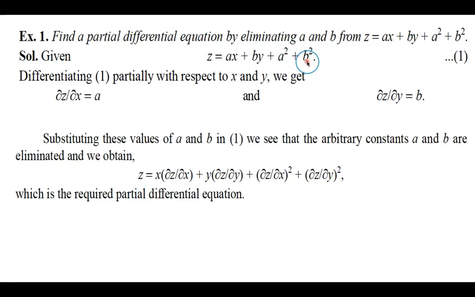Similarly, the derivative of b² is also equal to 0. Hence, the derivative of the right hand side partially with respect to x will be equal to a.